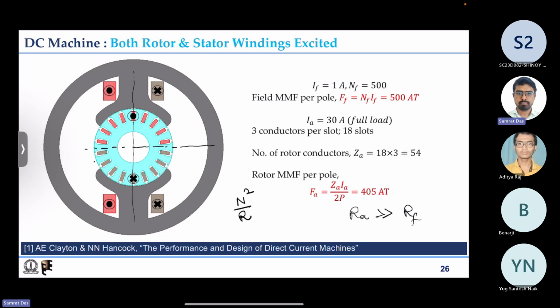So if both have the same number of turns, then LA will be very low compared to LF. But actually, what is the relation about the number of turns? All those things will come step by step, and from there we'll go to the electrical equivalent circuit.